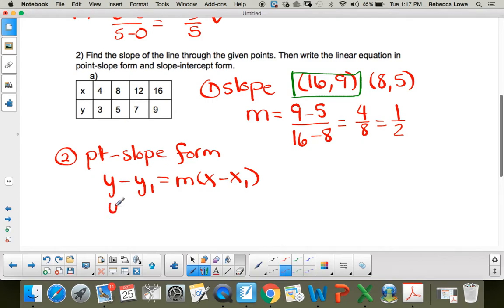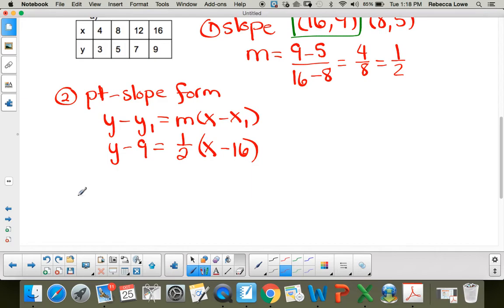So I get y minus y1, which is 9, equals m, which is 1/2, times x minus 16. If I used another point, I would get a similar equation with just a different point. But when you rearrange it to slope-intercept form, it's all going to be the same.